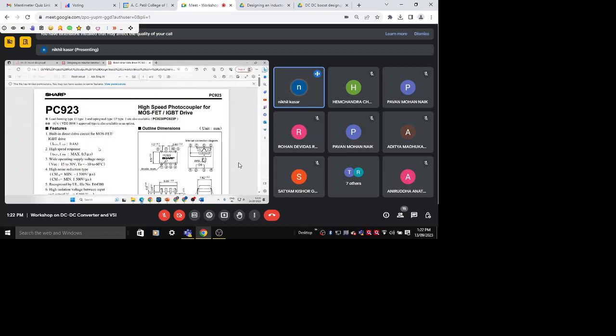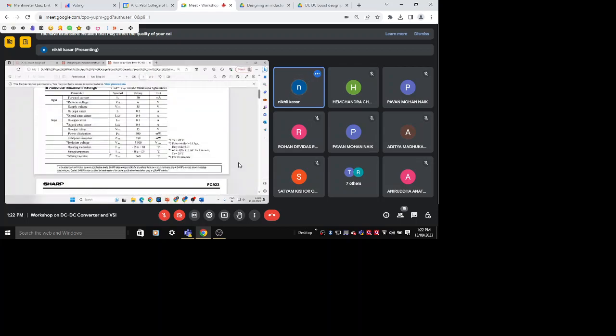We can also use the ICs separately, but due to the isolation circuit, you can say there is less harm. Okay, there are so many, and input current and output are also given.